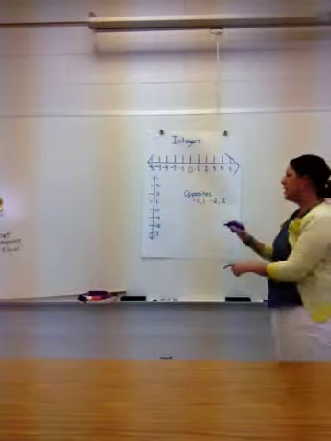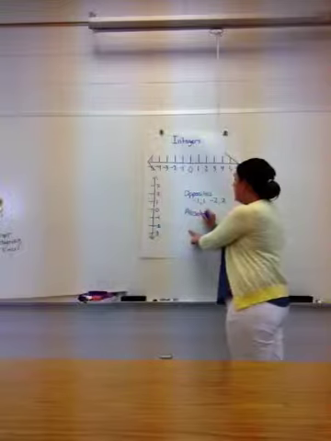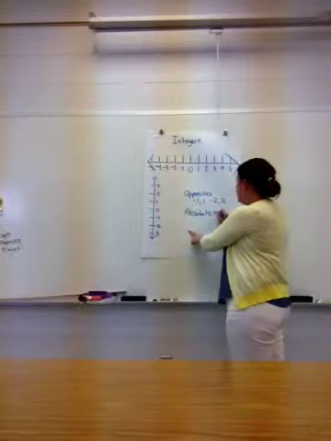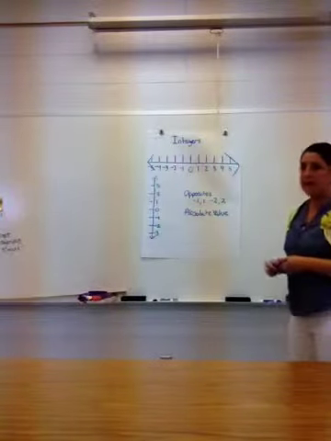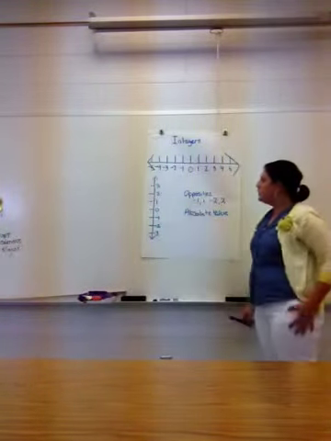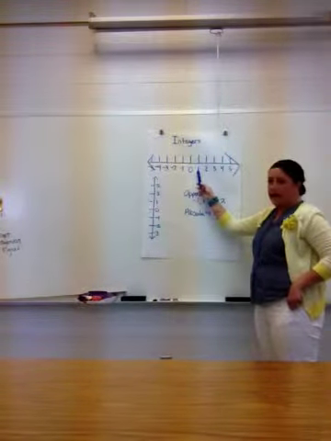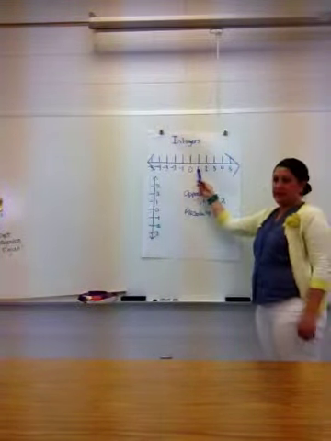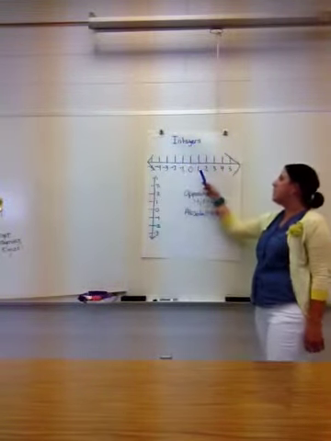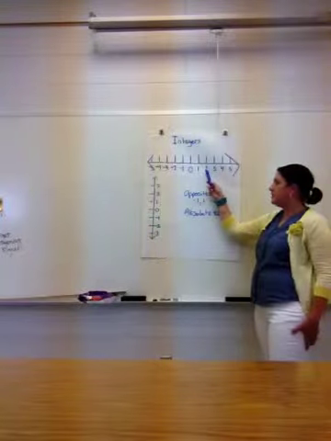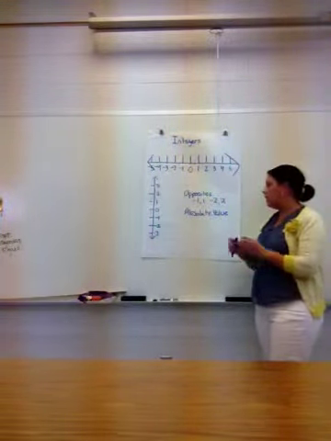I can also talk about absolute value. And absolute value is defined as a number's distance from 0. So as I drew this number line, I see that 1 is 1 space from 0, and -1 is also 1 space from 0. 2 is 2 spaces from 0, and -2 is also 2 spaces from 0.